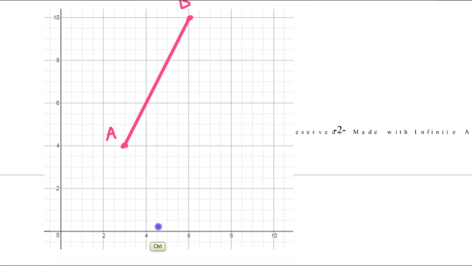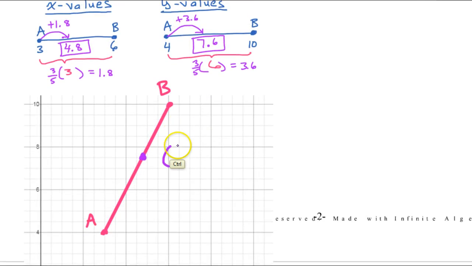So this would be 4.5 right here, so 4.8 is just a little bit past this. And 7.6, this is 7.5, so that's going to be right about here. This is the point that we found, 4.8, comma 7.6.